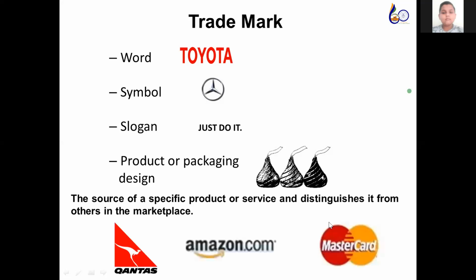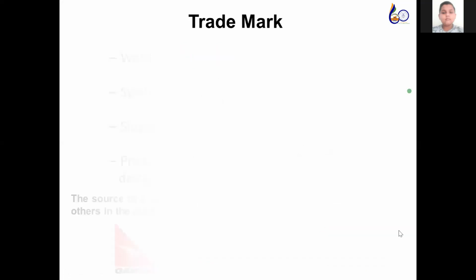So trademark. Similarly ये जो है मास्टर कार्ड का है, Amazon का है, Qantas का है, ठीक है। So these are all the various things people have taken the trademark on.